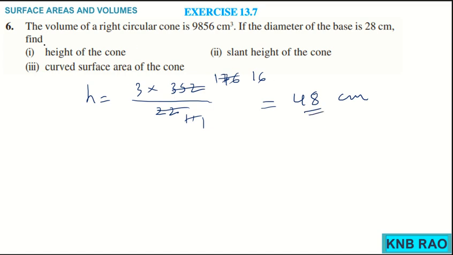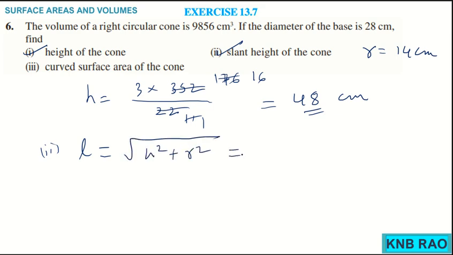So we found the height. First question we did. Slant height. You know radius is 14 centimeter and h is 48 centimeter. L is square root of h square plus r square, that is square root of 48 square plus 14 square.